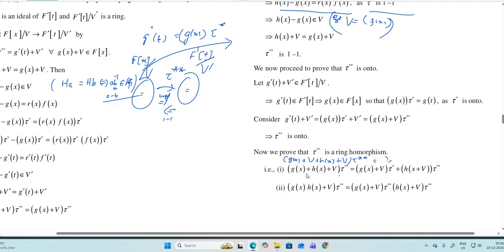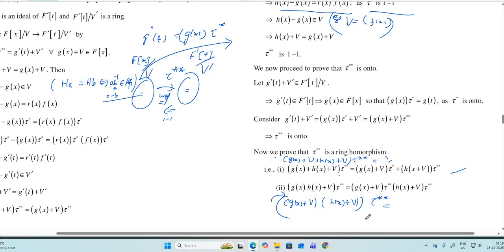So proving this is same as proving this. Straight away it is written, but actually speaking this is to be written and then only this step. Similarly here also one more step is missing. g of x plus v into h of x plus v, tau double star, that in turn gives this. So you have to establish this.